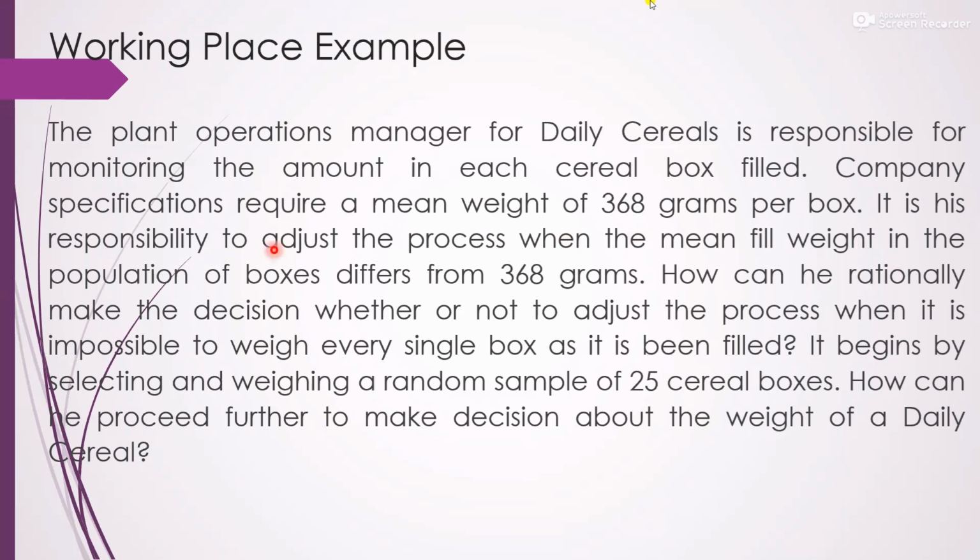If the filling weight differs from 368 grams, then the operations manager has to adjust the filling process, the filling machines, right? So how can he check whether the process is happening perfectly?